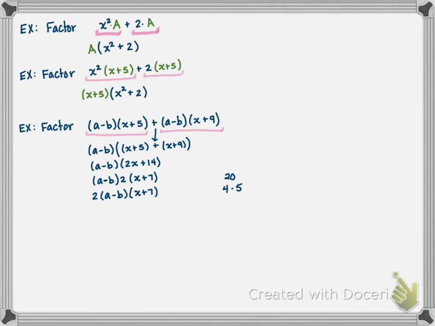You can factor once, like we did right here, but then we notice that one of our factors can still be factored, and so we continued factoring there. That second step is just the same as me writing the 4 as 2 times 2 instead of as a 4. Does that make sense?